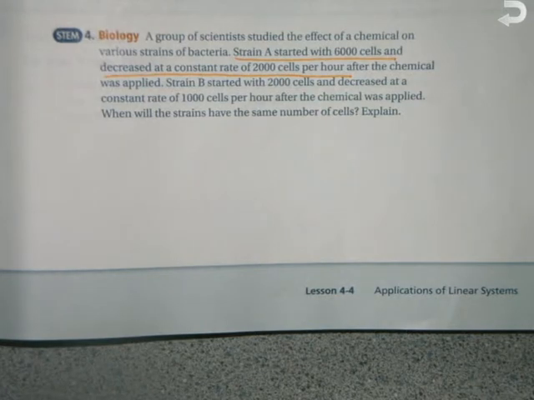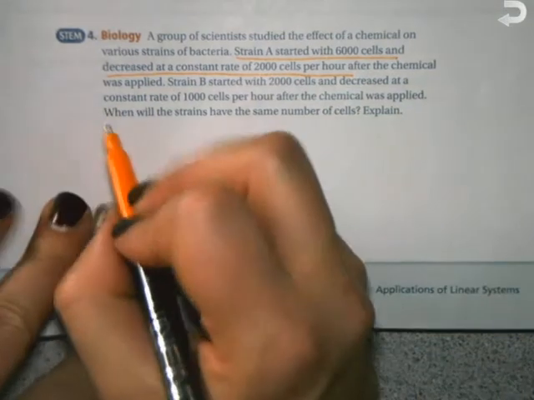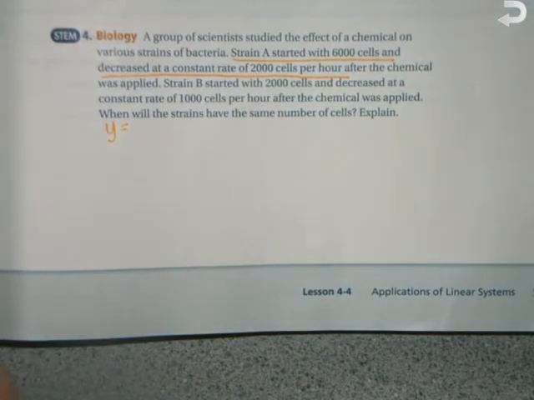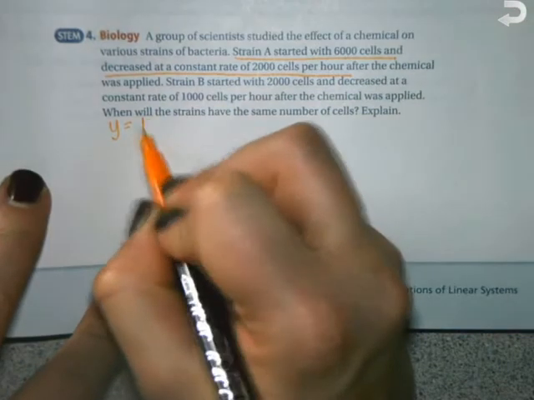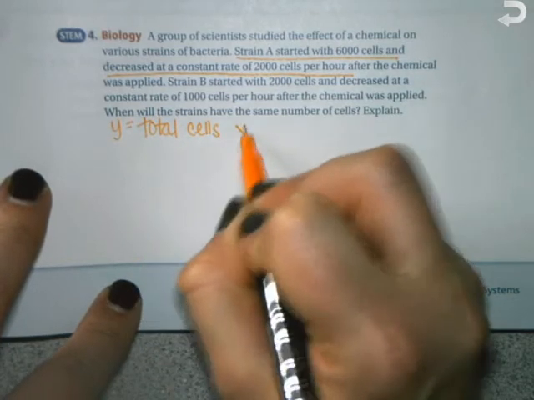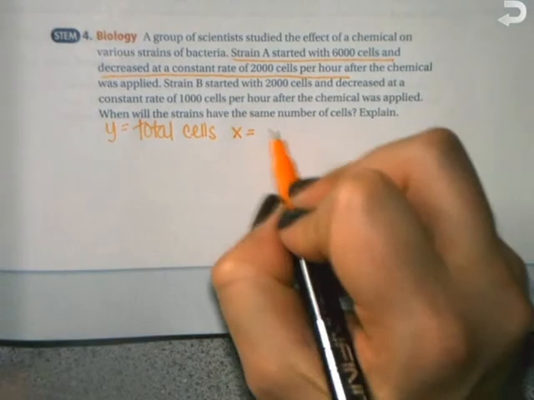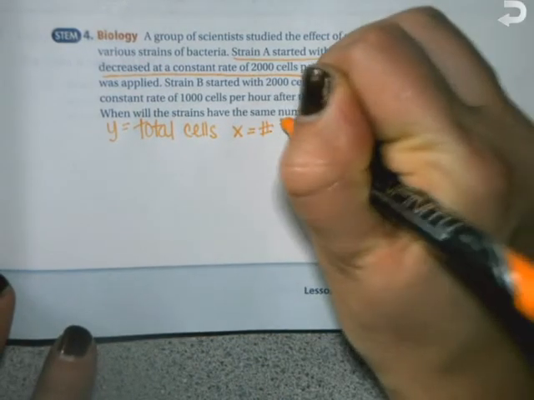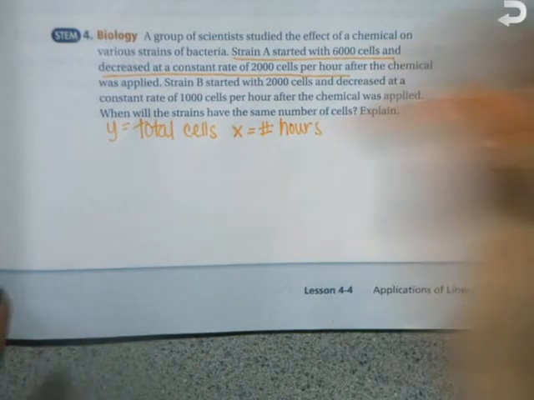So we're going to let Y equal the total number of cells. And what's X going to be? Time. So number of hours. Or time in hours. Okay?